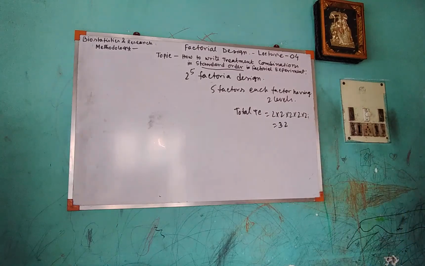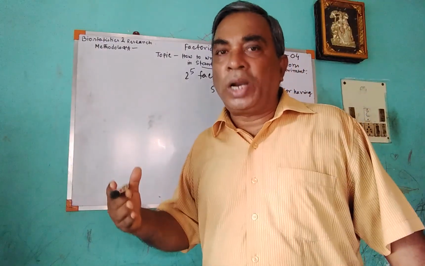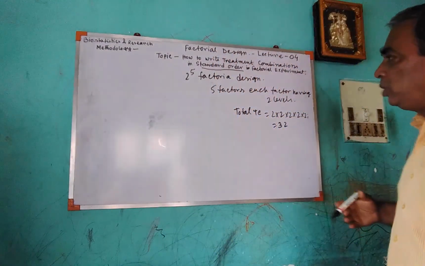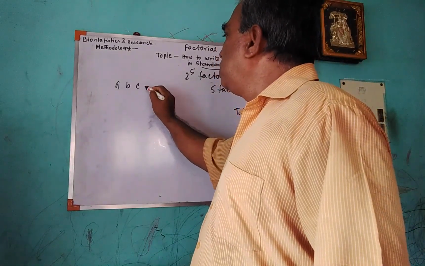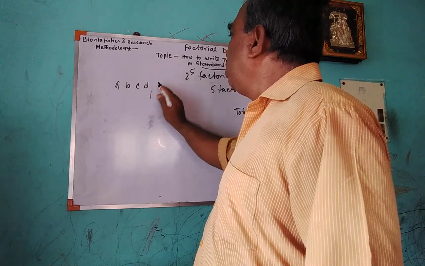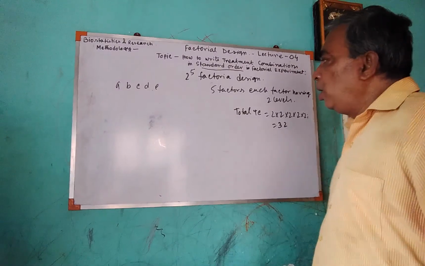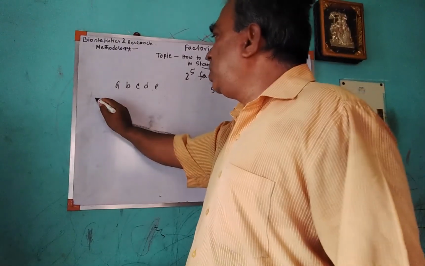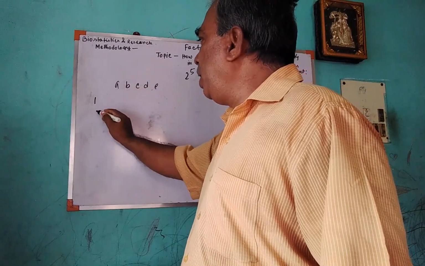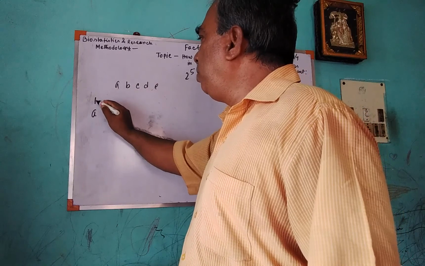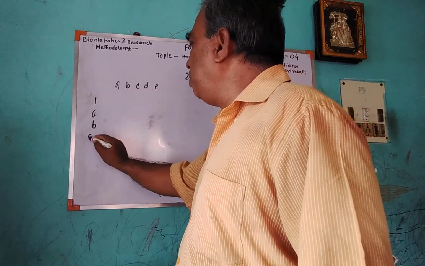Now how to write 32 treatment combinations in standard order? Just follow me. The factors are A, B, C, D and another one, E. First is 1, then A, then B into 1 is B, B into A is AB.